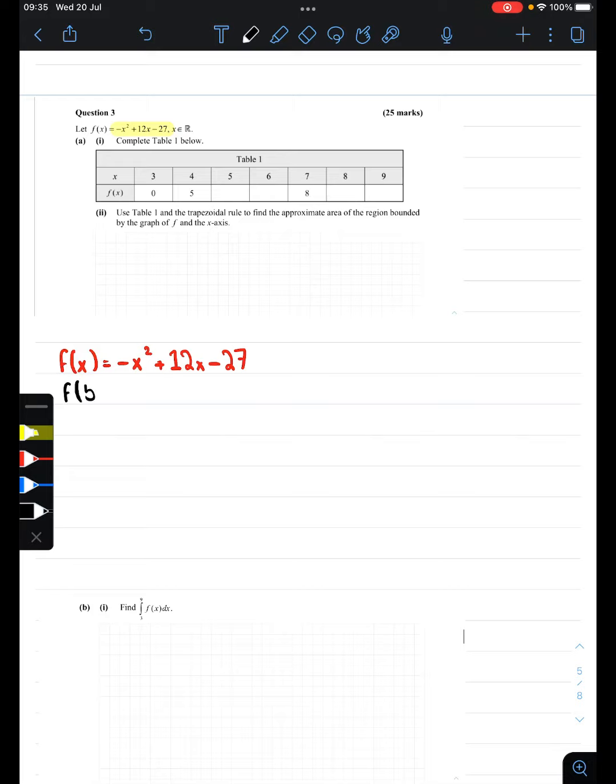f of 5 equals minus 5 squared plus 12 by 5 minus 27. And this equals minus 25 plus 60 minus 27, which is 8.